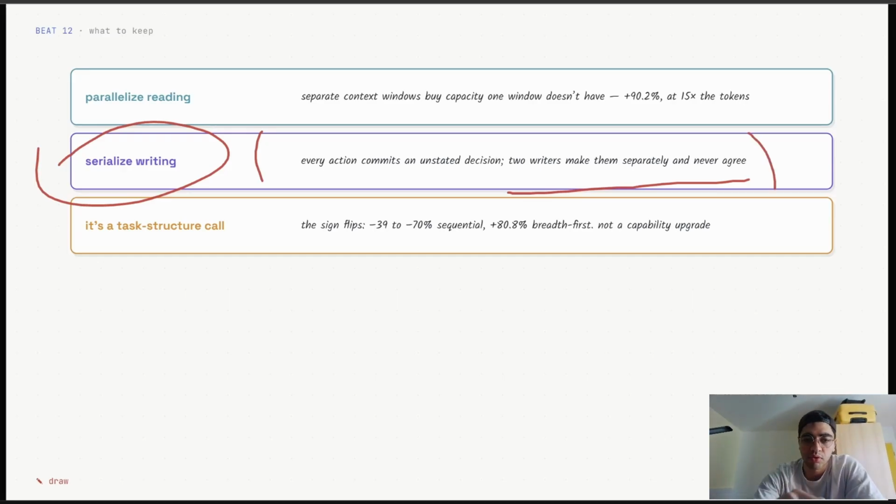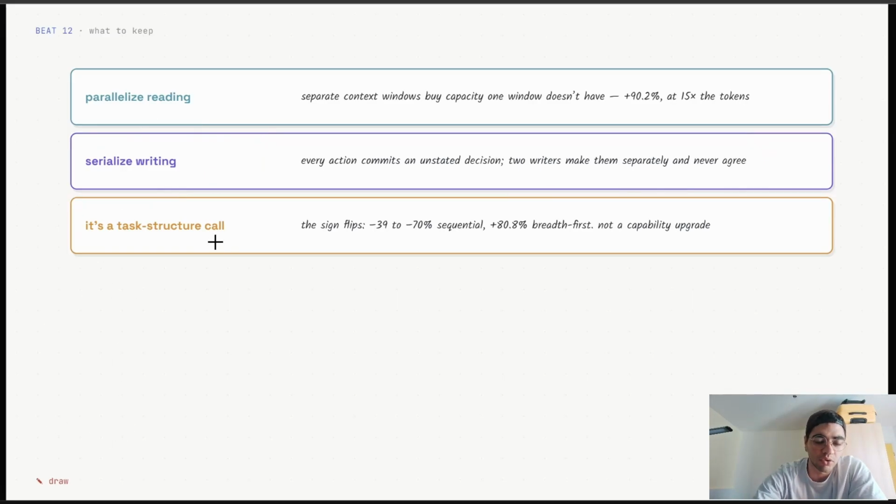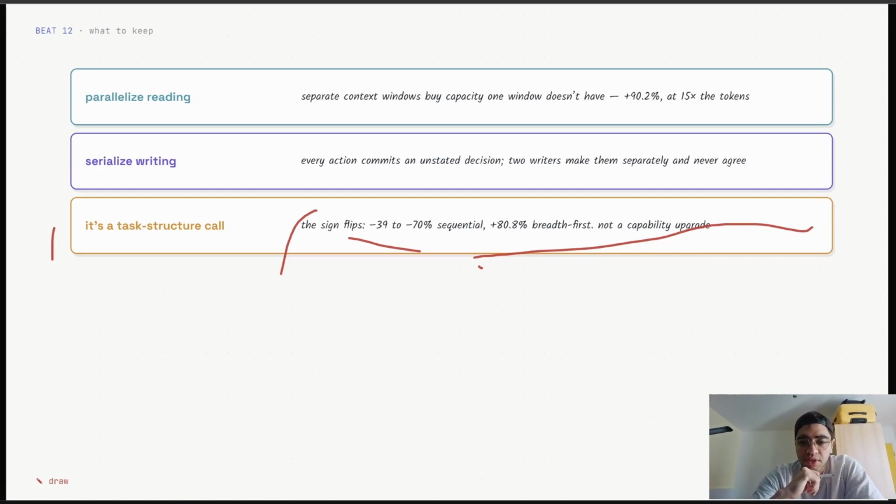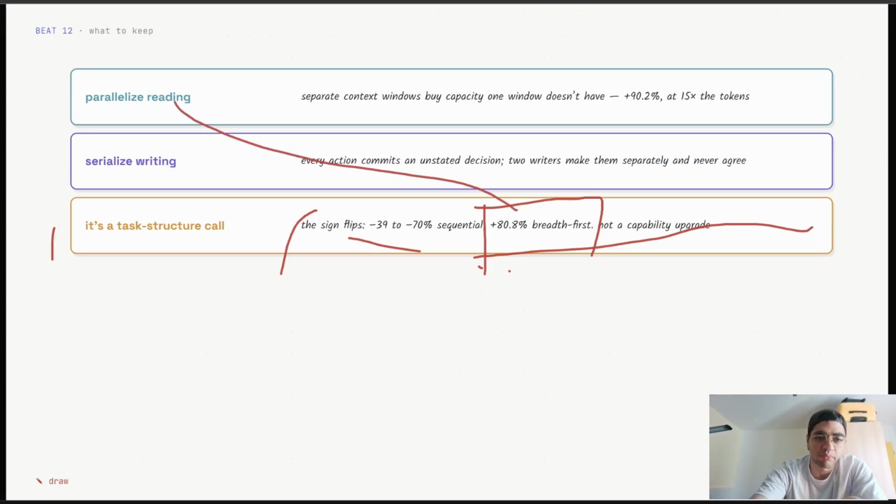So having a single agent that is conducting the writing or building is better than having multiple agents do it. Finally, it's a task structure call. The sign flips. You have minus 39 to minus 70% on sequential tasks compared to a single agent, plus 80.8% increase in performance with breadth first, as I said already, parallelizing for reading or tasks that are parallelizable.